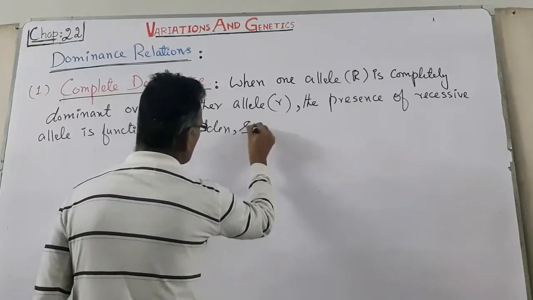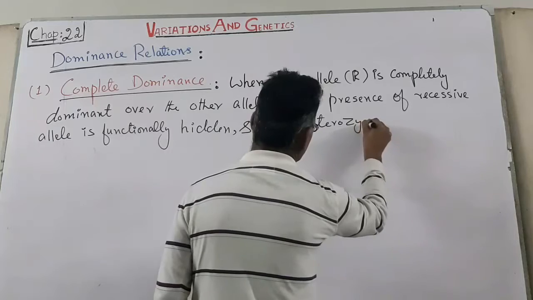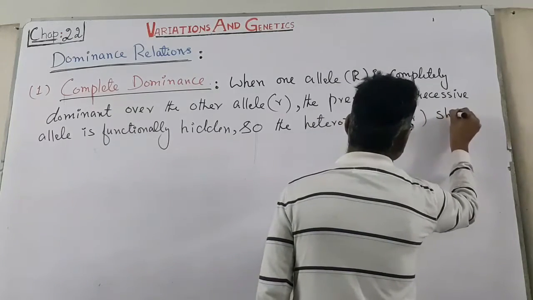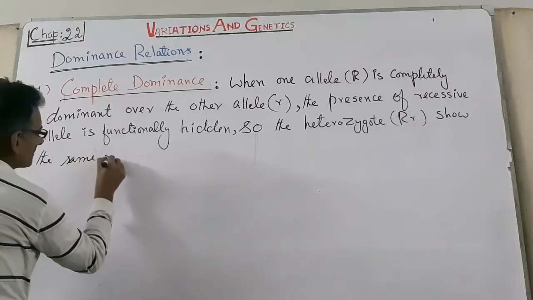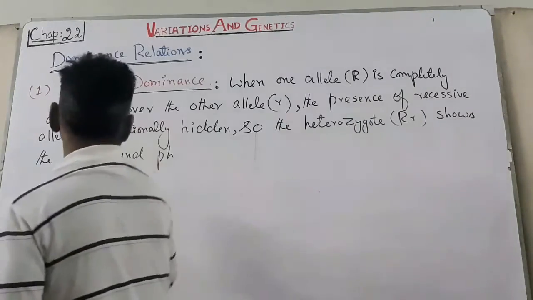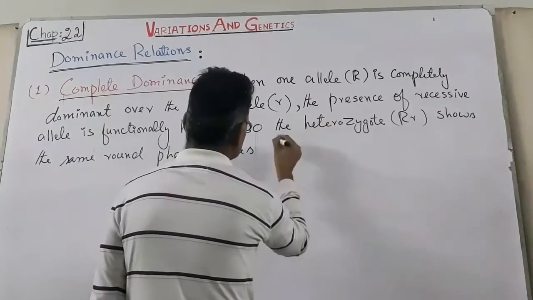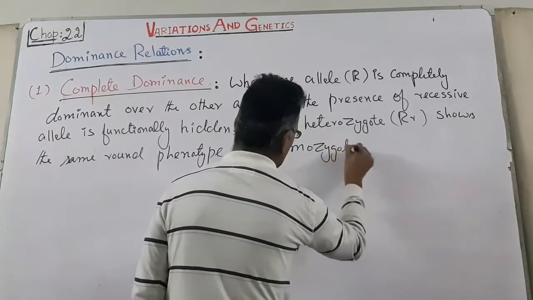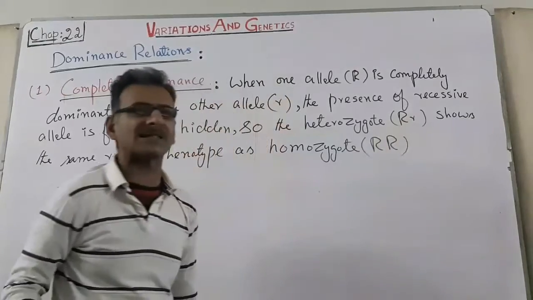So the heterozygote, for example capital R small r, shows the same round phenotype as the homozygote, for example capital R. This is the capital R small r.